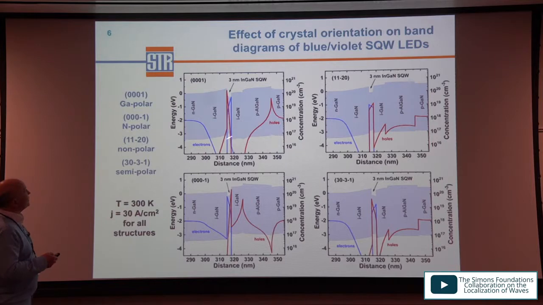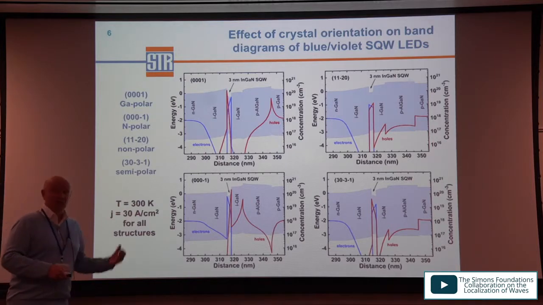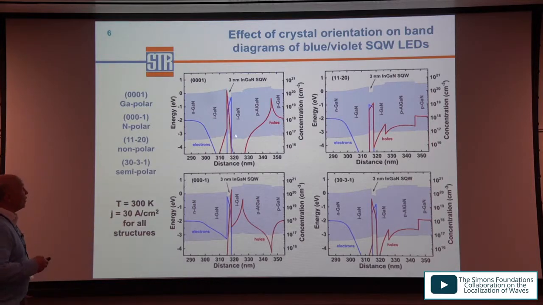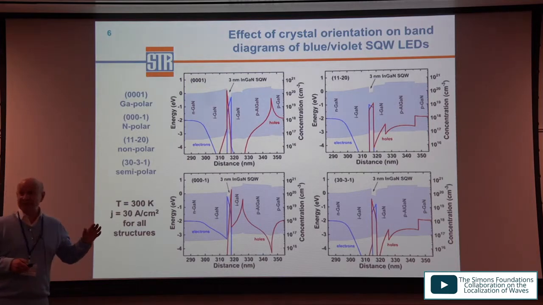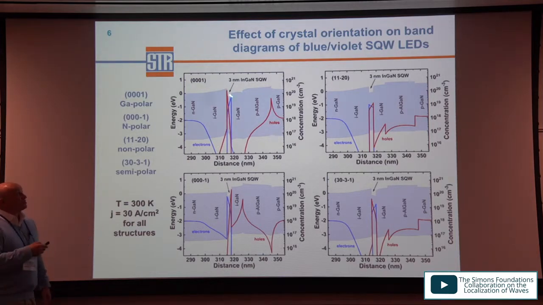Here you can see the simulated band diagrams of nominally the same single quantum well LED structure with different polarization. This is a typical polarization for practical application, the metal orientation of the crystal. What can we see?